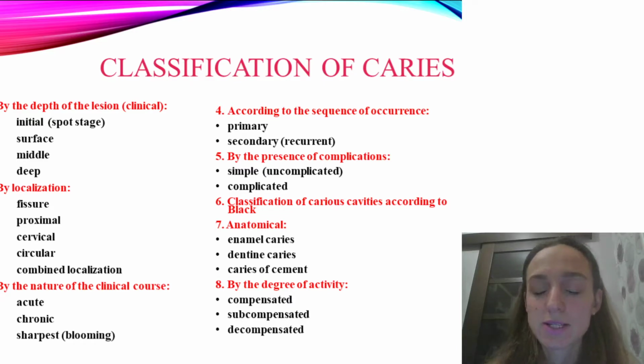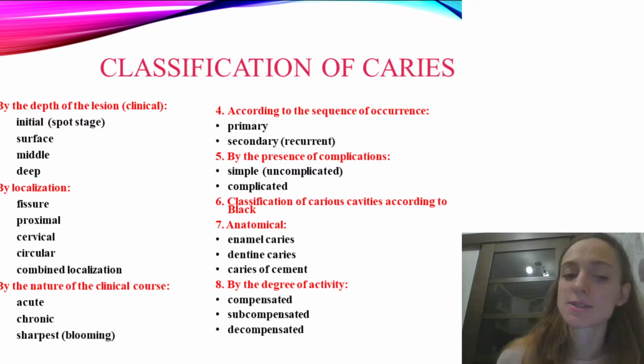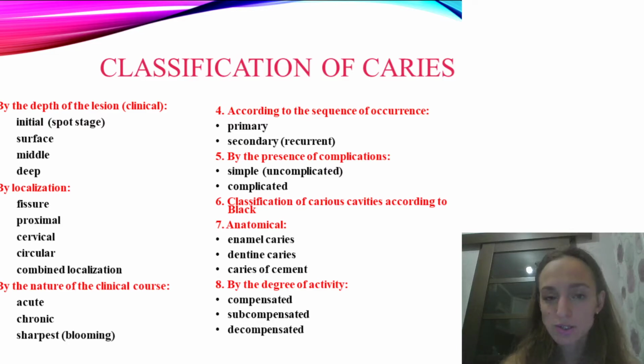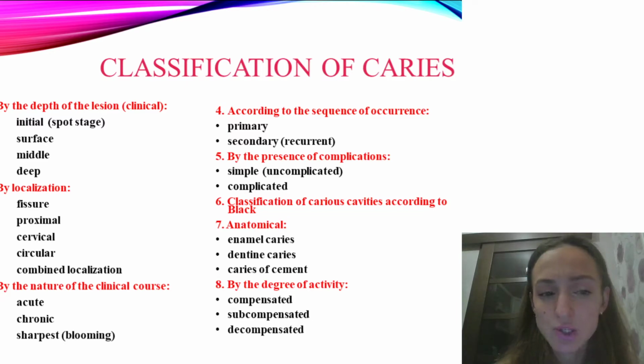Classification of caries. On practical lessons and on exams, on test tasks, you will have different questions about classification. You should remember this classification. It's not so difficult, but it gives you very big knowledge for clinical practice.